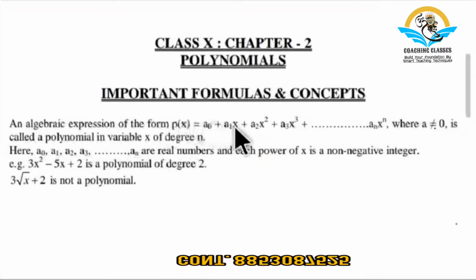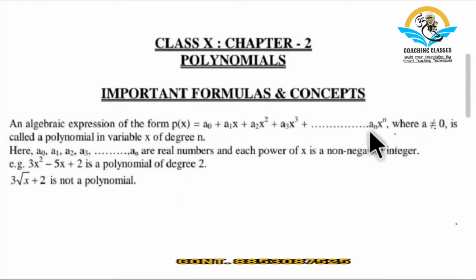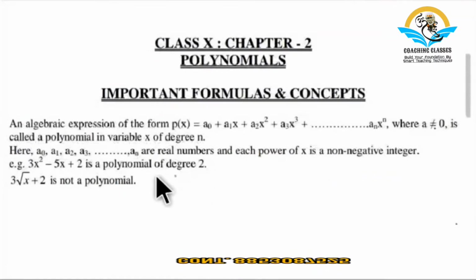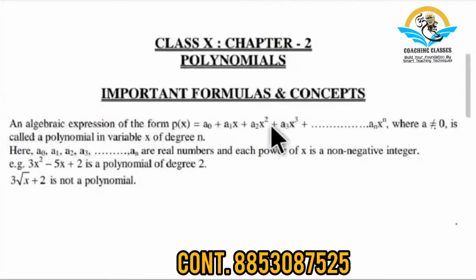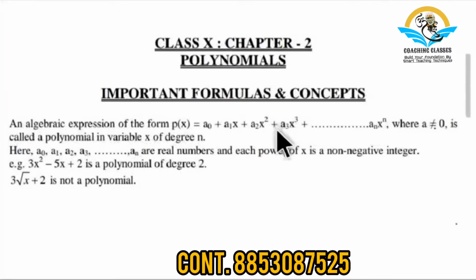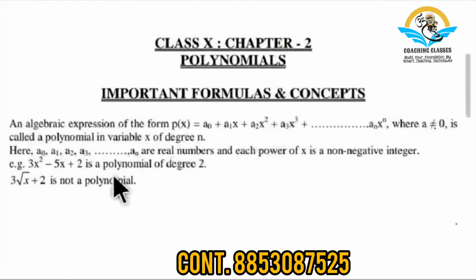Here a0, a1, a2, a3 up to an are real numbers, and each power of x is a non-negative integer. Non-negative integer means the power of x should not be negative, that is minus 2, minus 3, which is not possible.